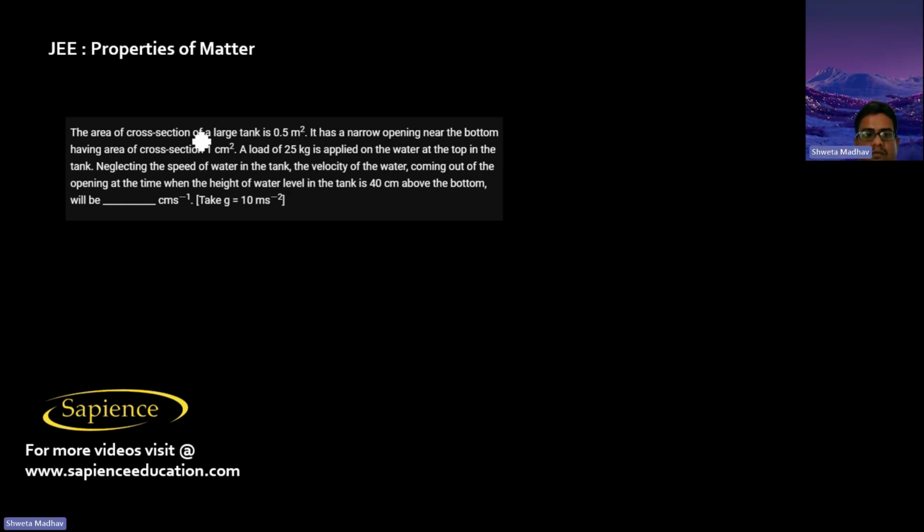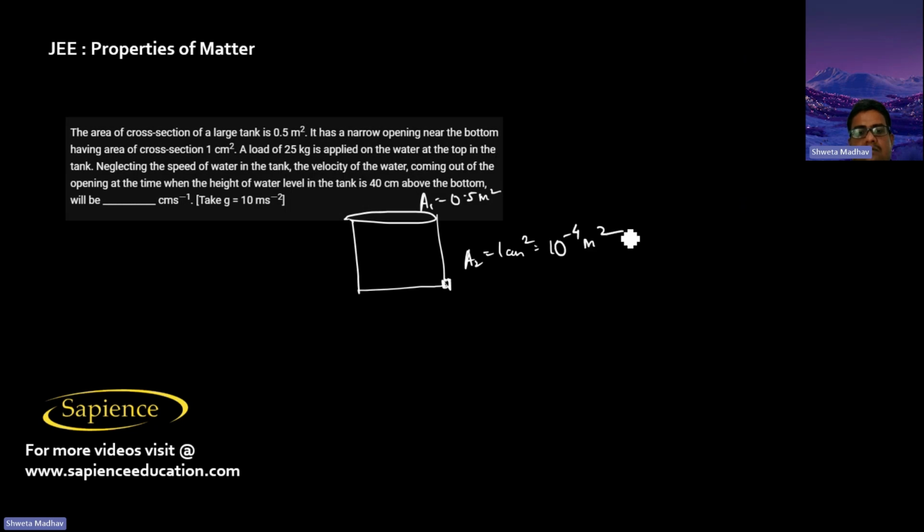Then, the area of cross section of a large tank is 0.5 meter square. So its area of cross section A1 is 0.5 meter square, and it has a narrow opening near the bottom, having area of cross section A2, that is 1 centimeter square, which is 10 power minus 4 meter square.